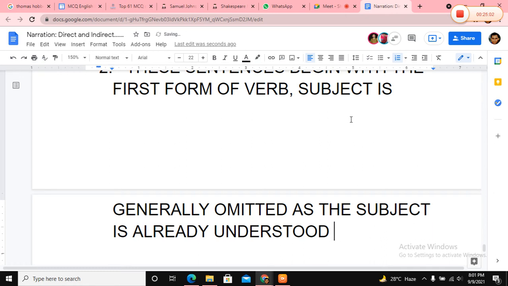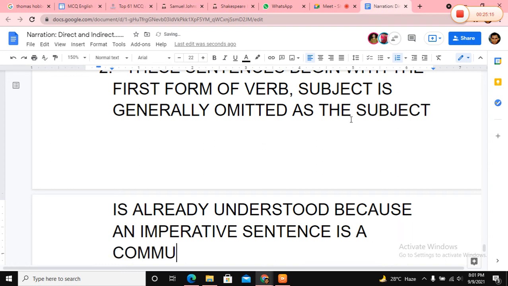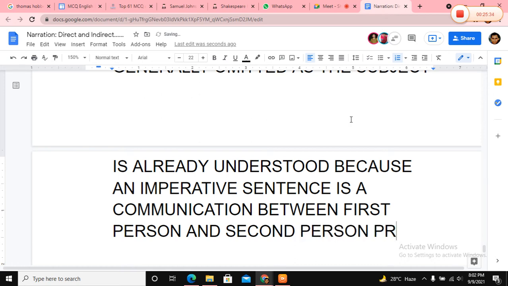Because an imperative sentence is a communication between first person and second person pronouns, second person subjects.